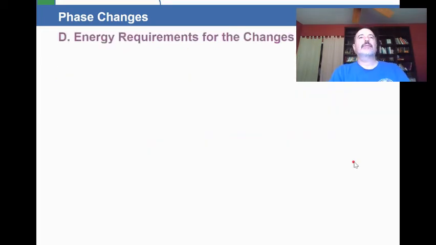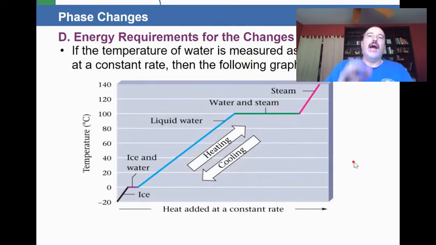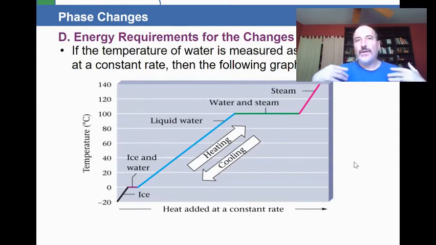All right. Now, this chart right here basically shows the energy requirements for heating and cooling a substance. This happens to be liquid. Now, as we know, with the specific heat capacity, you put some heat into a liquid like water, it will increase in temperature. But notice what happens right here.